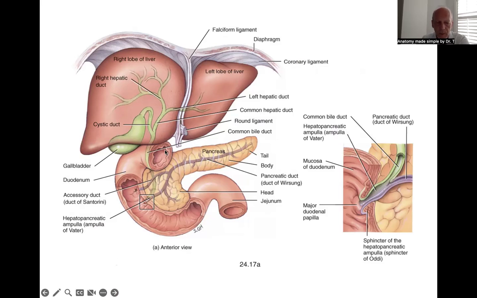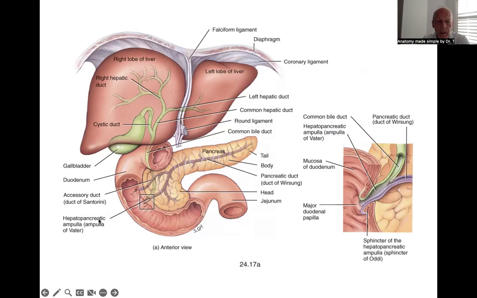So we know that duodenum, which is about 20 to 25 centimeters long, sits behind the peritoneum, and it has a couple of interesting landmarks, which we did not mention earlier, but we're going to say a few words about them right now.